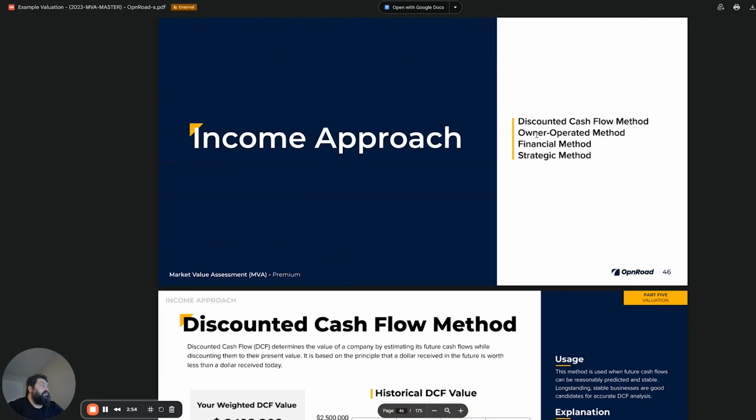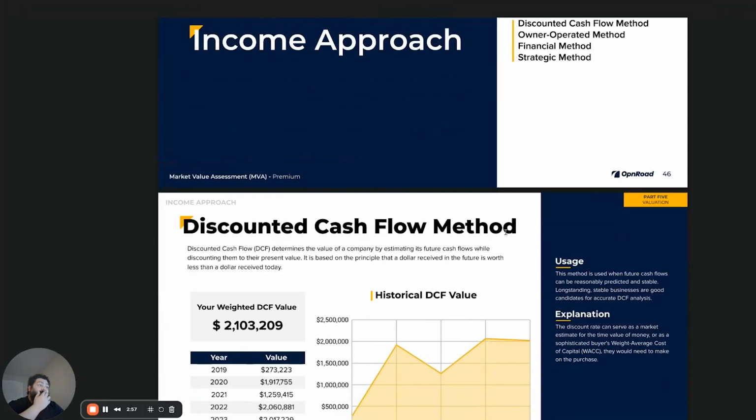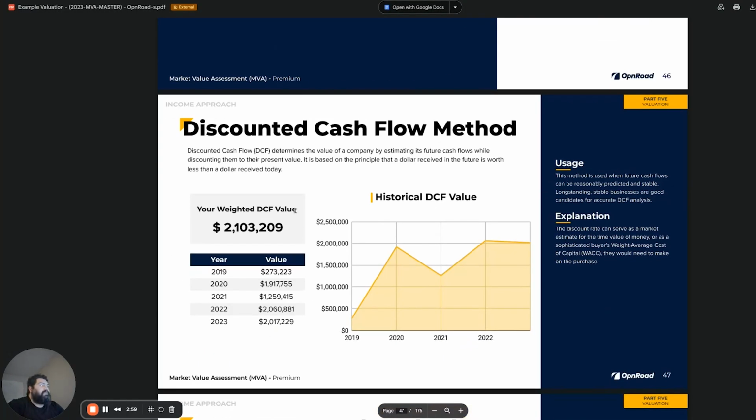Your income approach is the future-looking stuff. The DCF looks at the future cash flows of this business, and then we bring them back using a discount rate, because the present value of cash is more valuable than the future value because of inflation, and obviously I would rather have the money today than in the future.